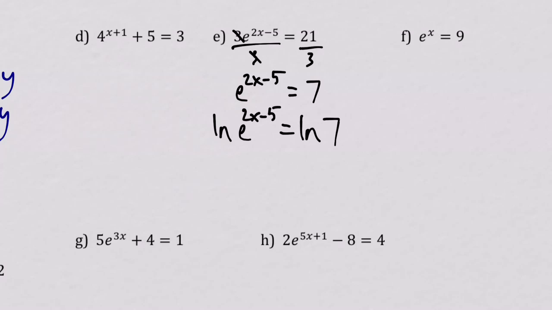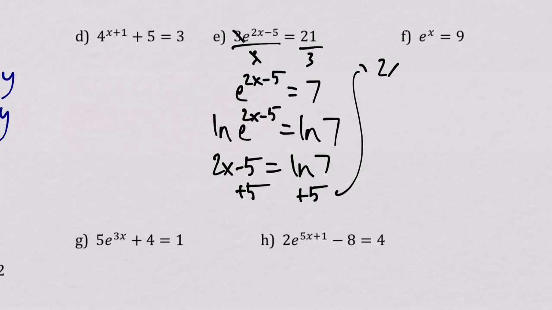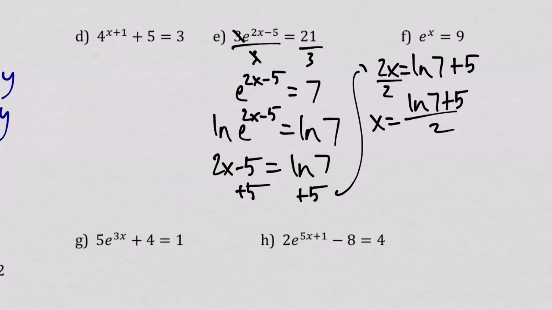What's going to happen here is that this is going to cancel, and this is going to come down. So it's 2x minus 5 equals natural log of 7. You're going to add 5 to both sides. Let's continue over here. So you got 2x equals natural log of 7 plus 5. And then you're going to divide by 2. x equals natural log of 7 plus 5 all over 2.